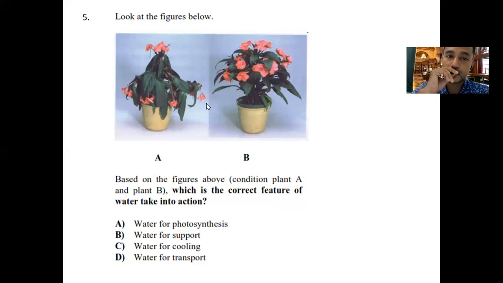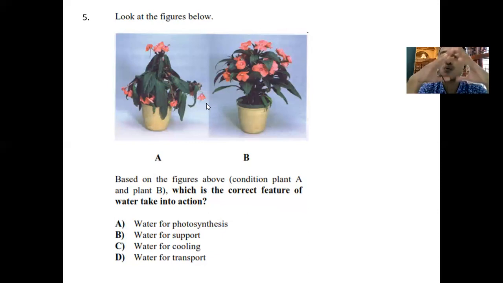When all the cells in the plant are like this, they press out against each other and make the whole plant firm and well supported. So when each cell contains enough water, they can press against each other and make the plant really strong.